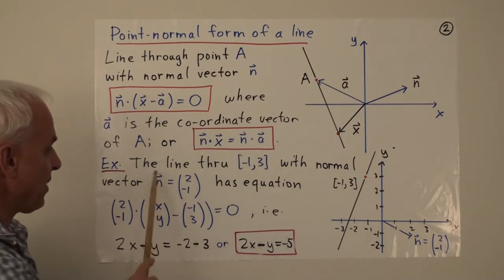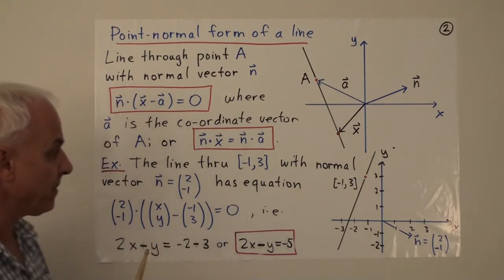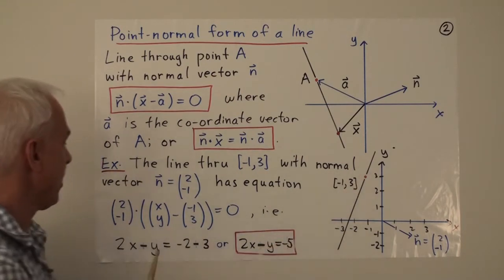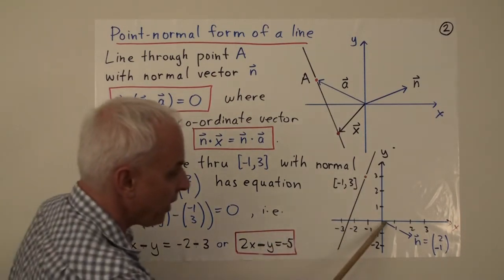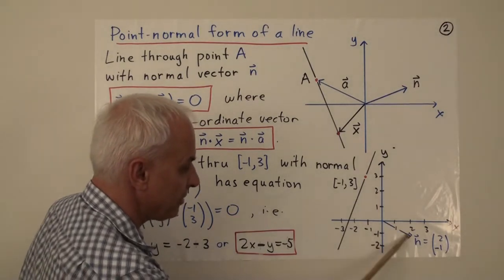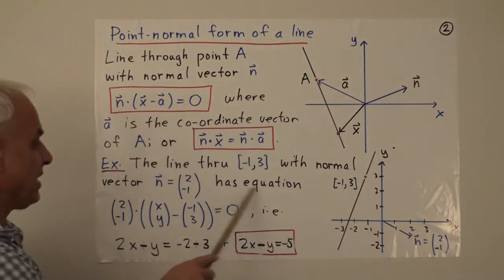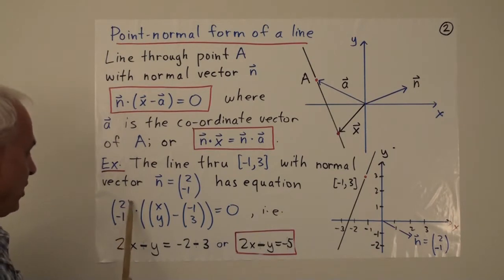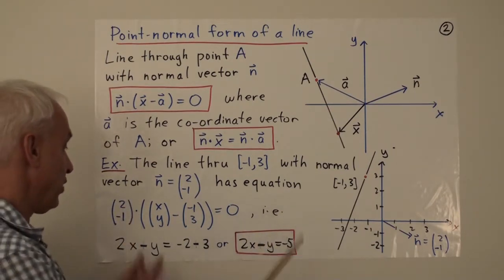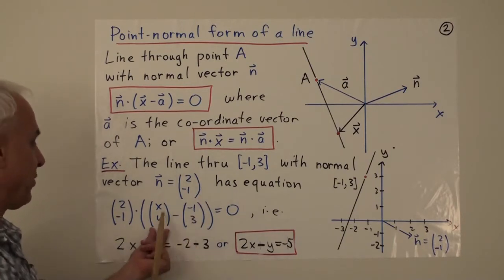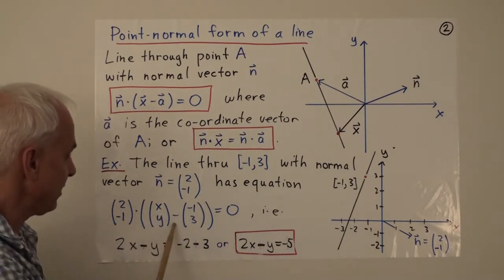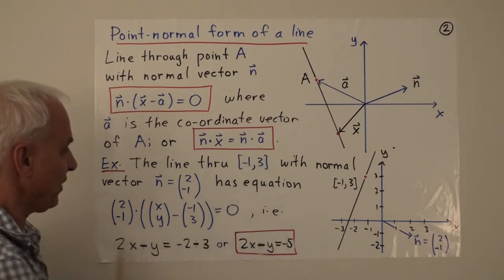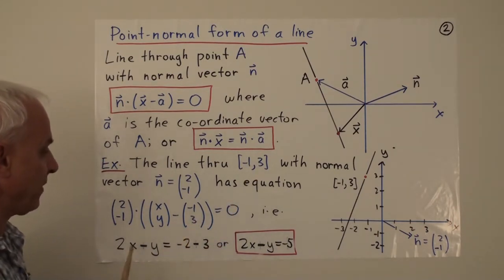So for example, the line through (-1, 3), there it is there, with normal vector n equals (2, -1). There's the vector (2, -1) right there, little n. It has equation: (2, -1), there's the normal vector, dot a general vector x, say with coordinates little x and little y, minus the coordinate vector of this point, (-1, 3).